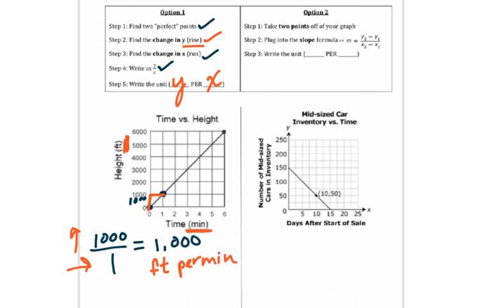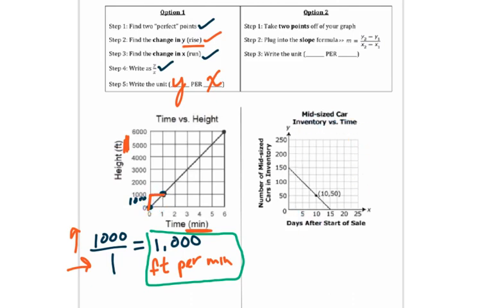So this thing is increasing 1,000 feet per minute. Per minute. These words are really close. I'm just going to space this a little bit better. Per minute. There we go. Okay, so that's option 1. So option 1, find 2 perfect points, figure out your rise number, figure out your run number.